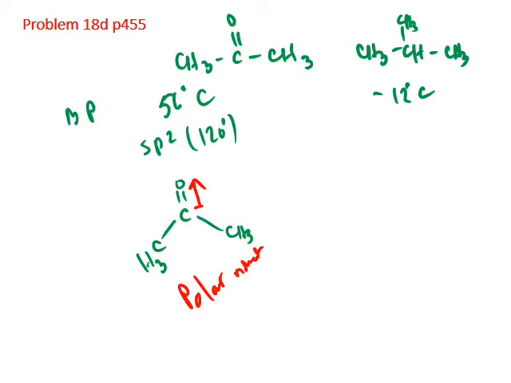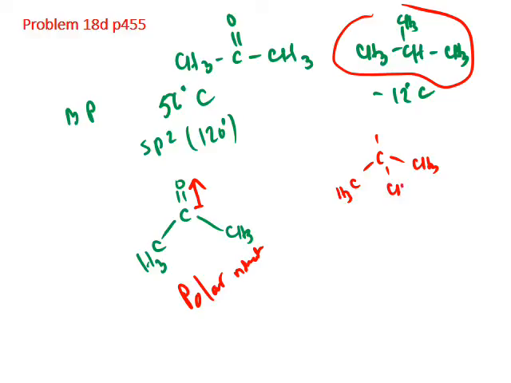On the other hand, if you look at the other compound, 2-methyl propane, it is a non-polar molecule. It's sp3 hybridization. If you draw the actual structure, it will look like this. CH3, CH3, CH3, and you would have hydrogen.